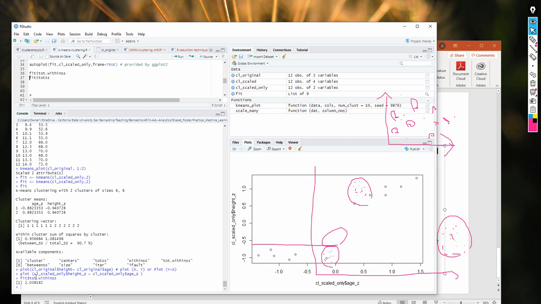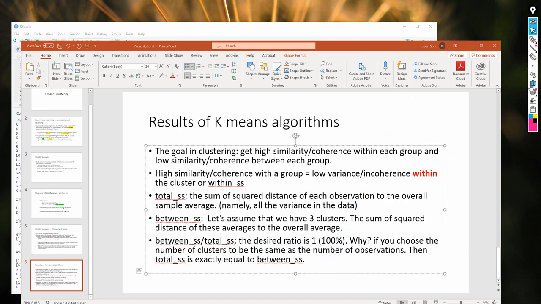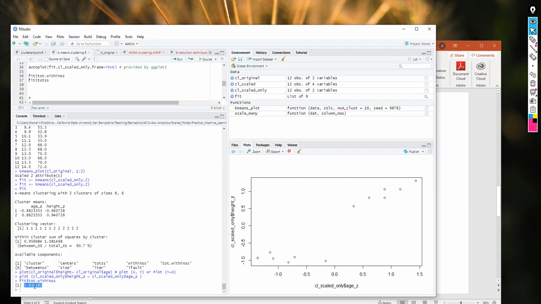So the tot.withinss is 2.38 for this specific case. I already explained this one: the tot.withinss is the summation of these 2 values, 2.0382.